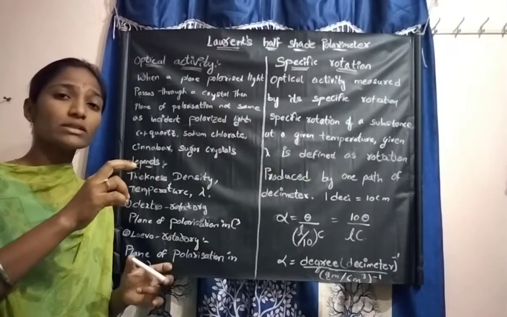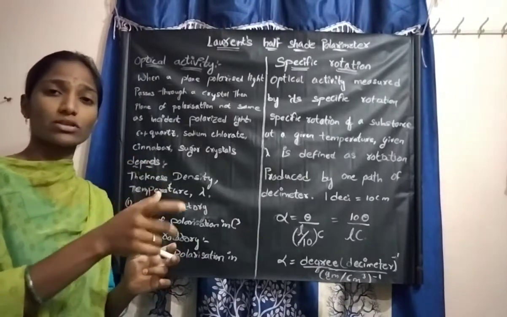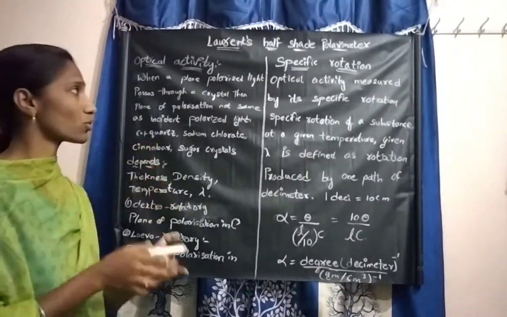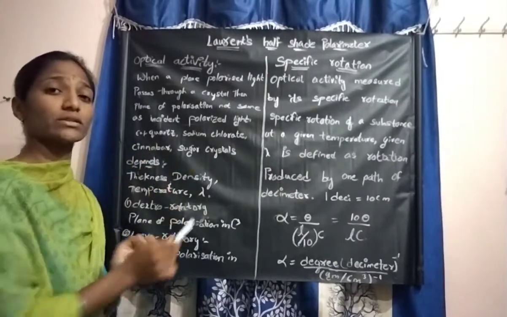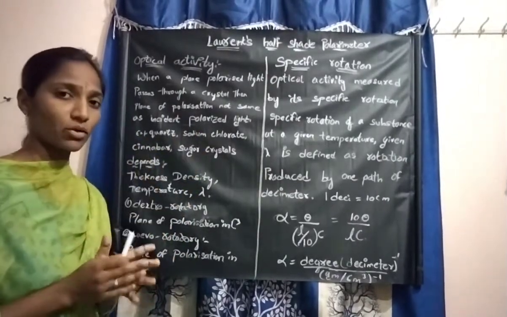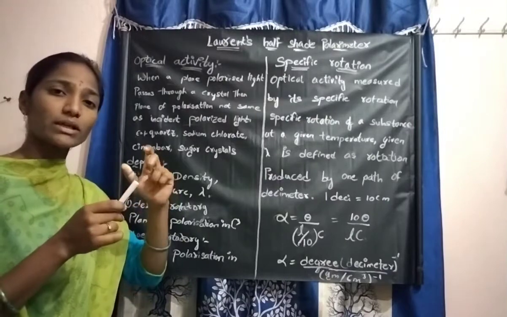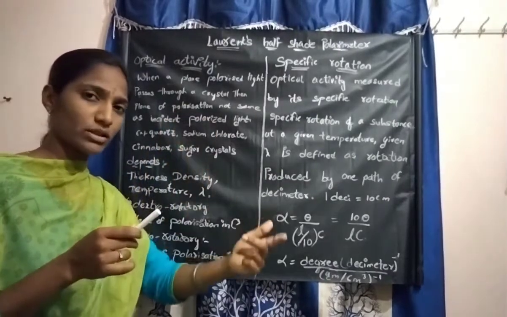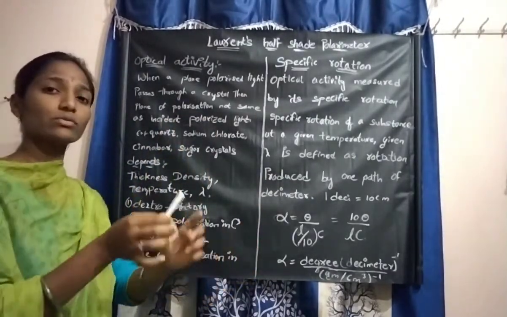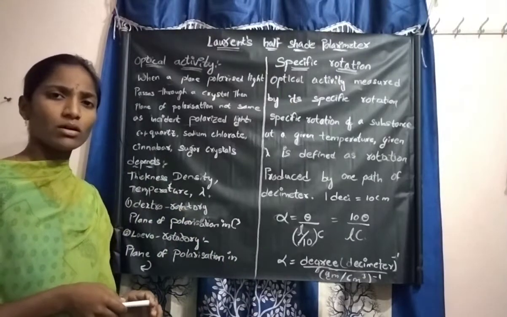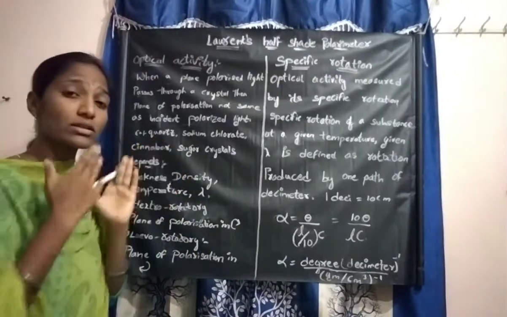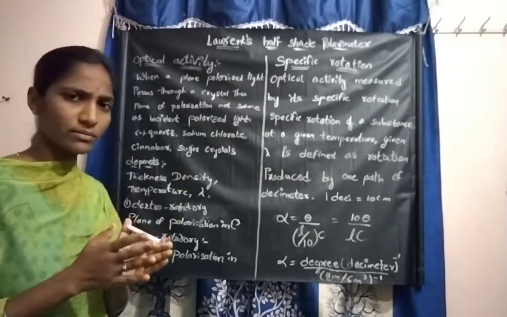So this is done through a rotation in the crystal. This phenomenon is known as optical activity. The materials which produce the optical activity are known as optically active substances. Now let us focus on the definition of what optical activity is.